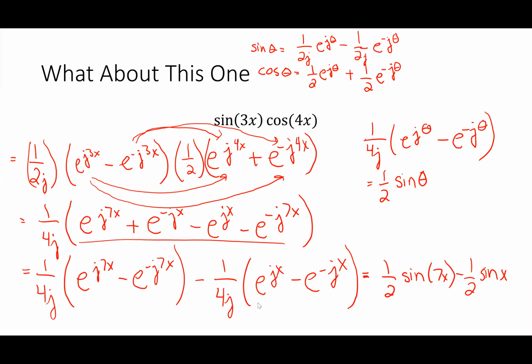The reason this integral is hard is that I have to do integration by parts. If you did the integral of e to the j 7x dx, it becomes a lot easier: 1 over j7 times e to the j 7x.